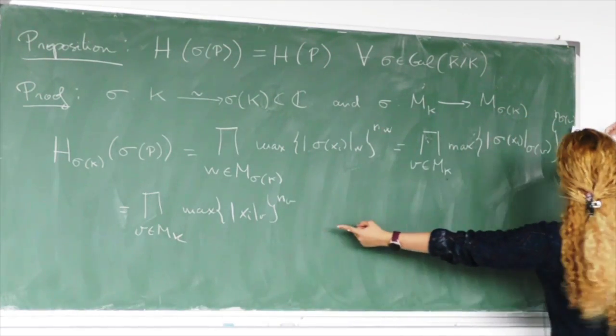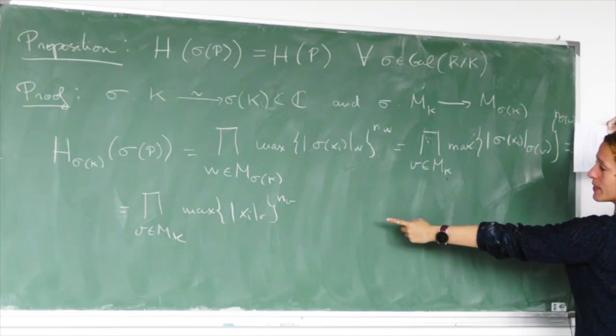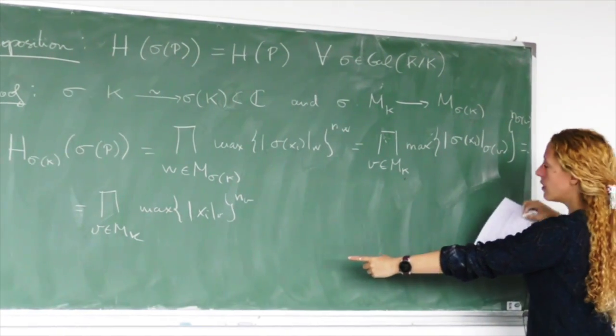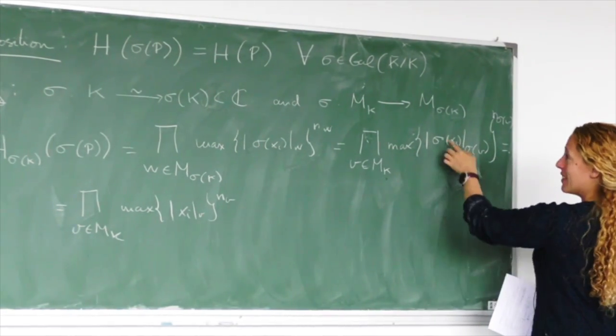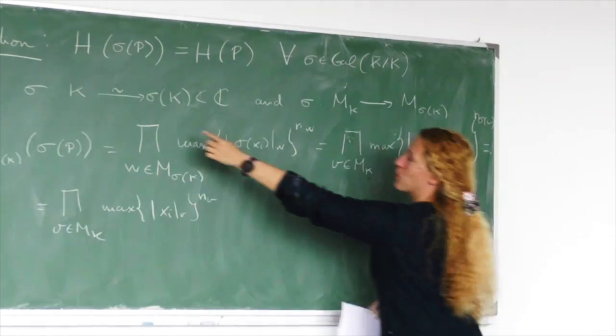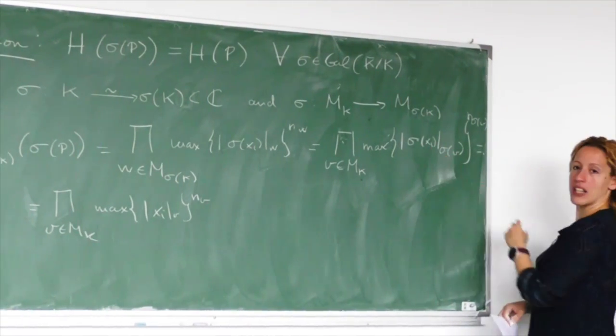This m_v is this m_v, so it's the same thing. And this x_i comes from here. This is precisely because of the isomorphism that we have here and the isomorphism that we have here. What is the meaning of that?